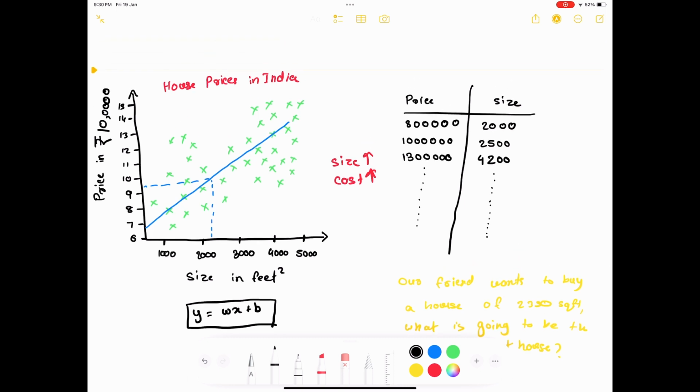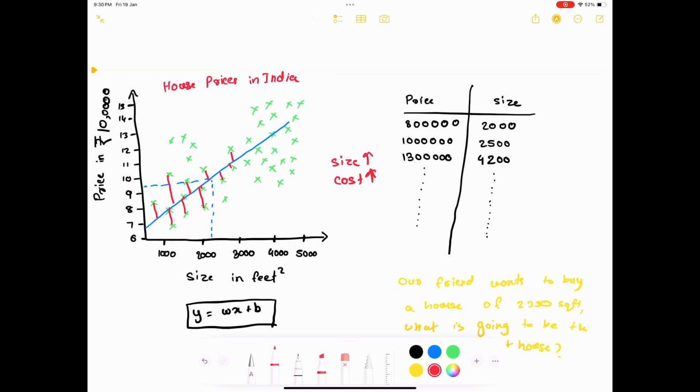Our objective is to best represent the data. So what we want to do is try and minimize the distance between each of these points, and that's how we come up with this linear regression model.